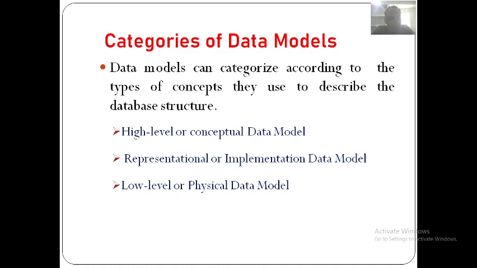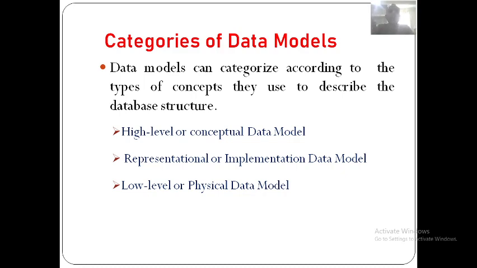In a high level data model or a conceptual data model, if I want to build a database, what am I going to do? If it is a database for the student, a student database or college database, then I'll try to identify the entities, attributes, and the relationship among those entities.